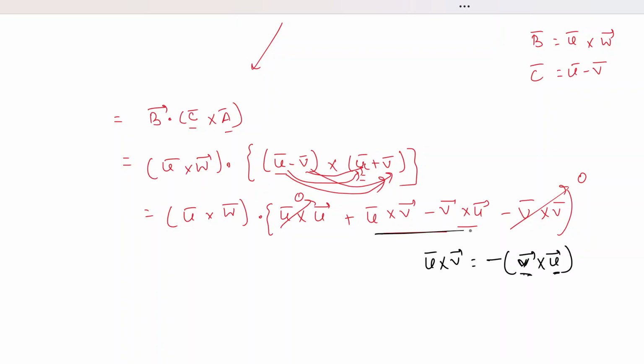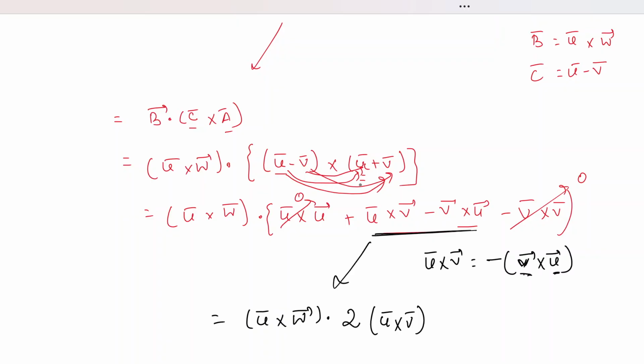So once you have this, you can express it in a more compact form: this is u cross w from before, this is the dot product, and this is going to give you 2 times u cross v, right? So what you are getting is a value, I think, u cross v minus, right, all right.